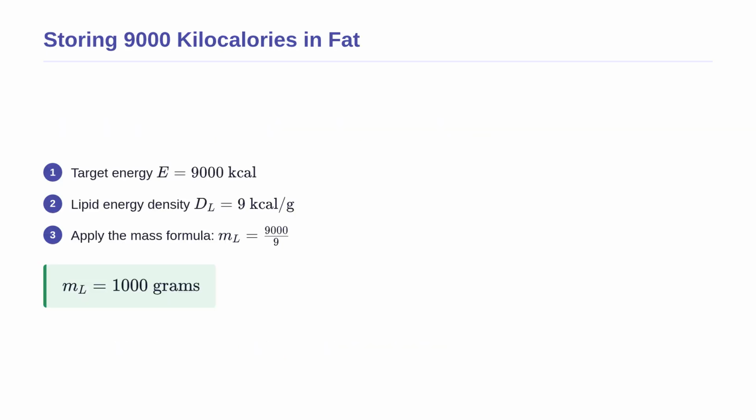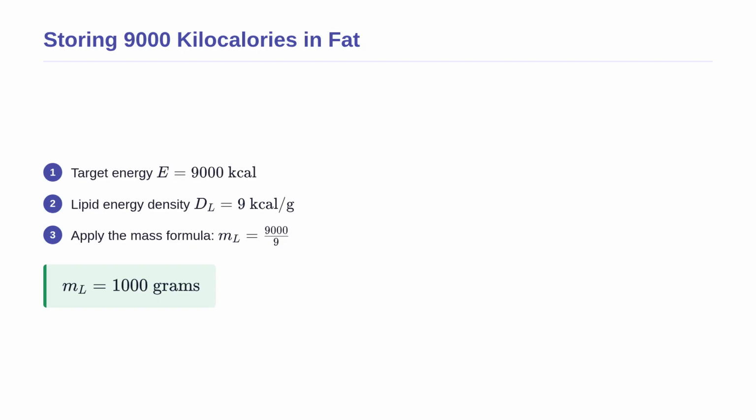Let us apply our formula to a real-world scenario. We need to calculate the total mass required to store 9,000 kilocalories of energy using triacylglycerols. We are given our target energy of 9,000 kilocalories, and we know the energy density of lipids is 9 kilocalories per gram.